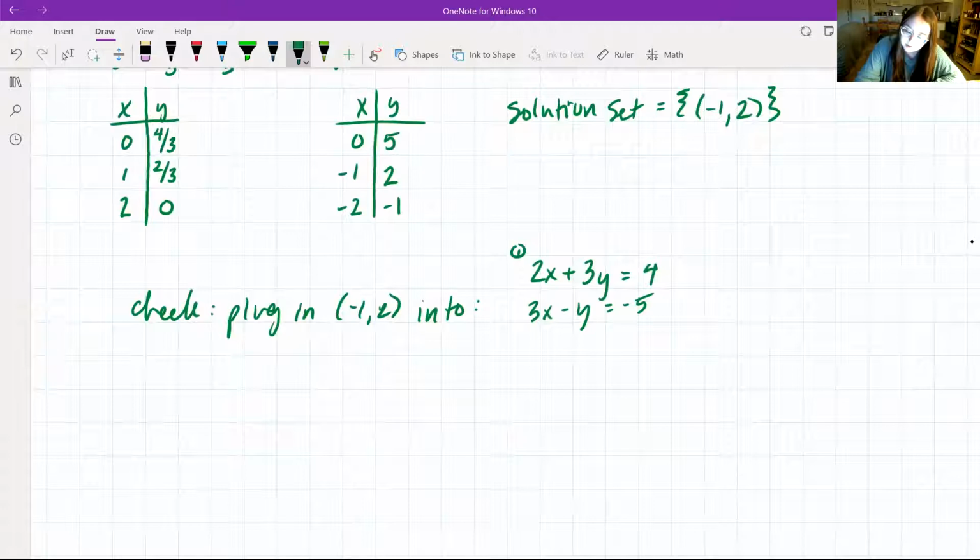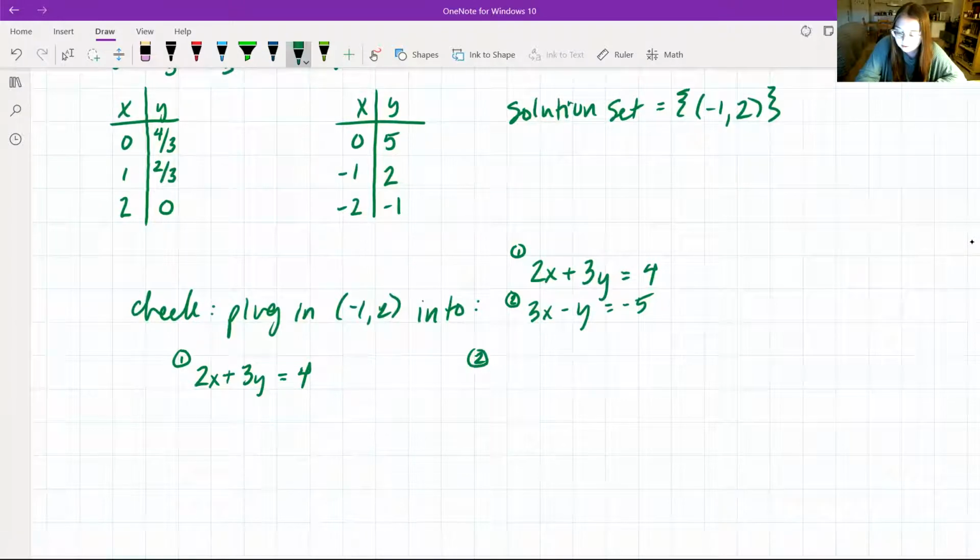Like we said before, our top equation was number 1 and our bottom equation was number 2. So with our number 1 equation, 2x plus 3y is equal to 4, and in our second equation, 3x minus y is equal to -5. We can write them side by side to make sure our statements are correct.